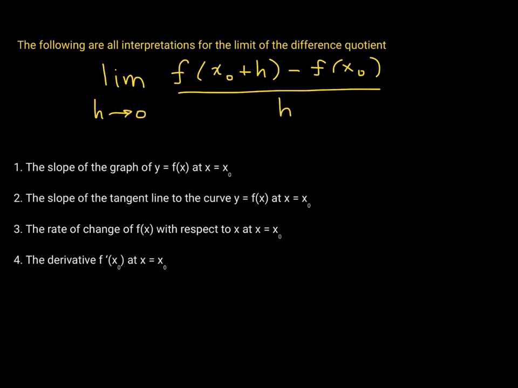This difference quotient has 4 different interpretations. One, it's the slope of the graph at a particular point. Two, it's the slope of the tangent line to the curve at a particular point. Three, it's also the rate of change of our function with respect to x. And four, it's the derivative f prime of x0 at x0. All right, very good. I think this summary here is really, really good to have in your notes.